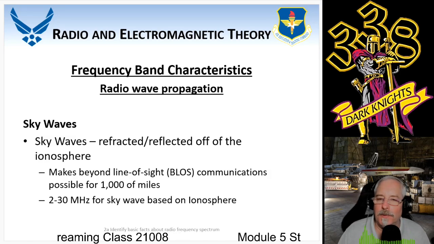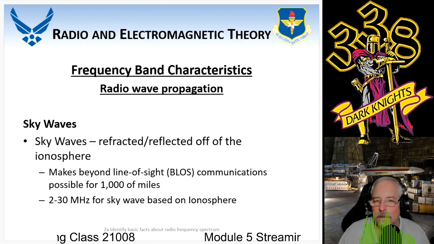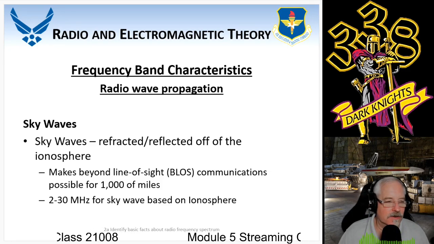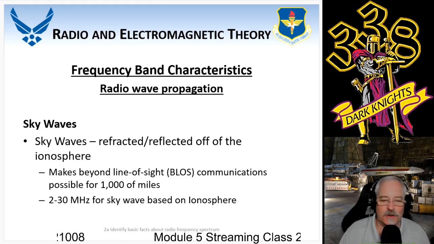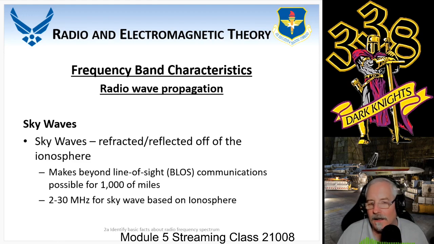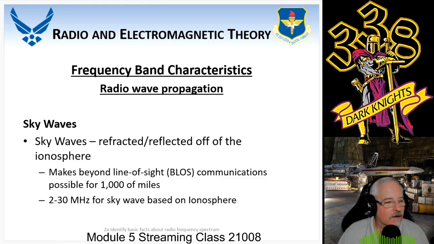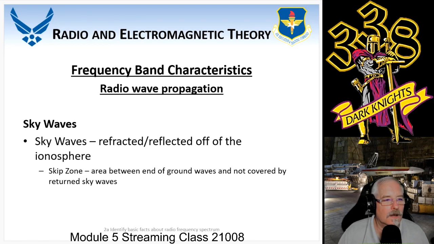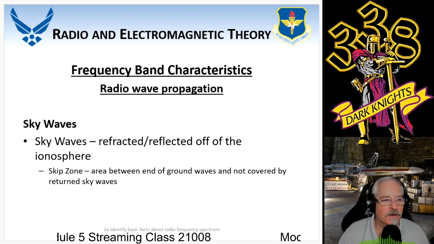It is considered beyond line of sight, and normally it's in the HF region, but you can see that 2 to 30 megahertz. 2 is actually in the medium frequency area, and 3 megahertz and up is in the HF area. With skywaves, the whole idea is it's going to refract off the ionosphere.